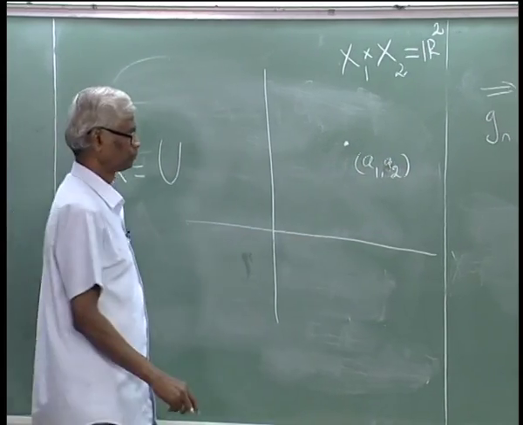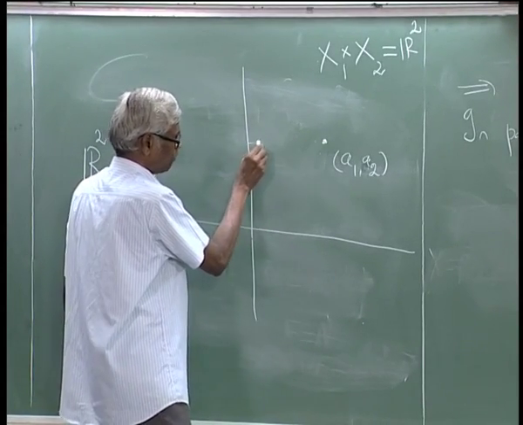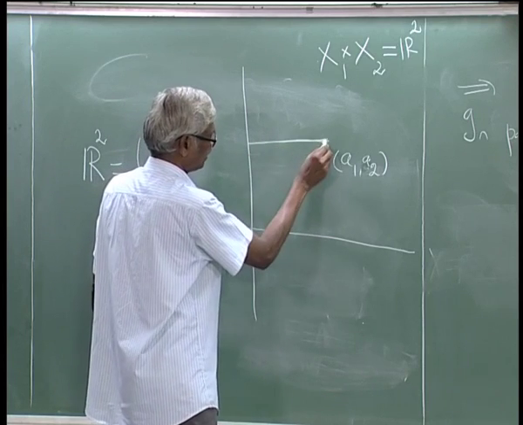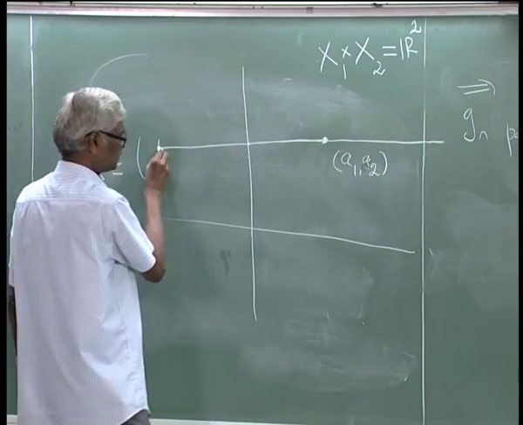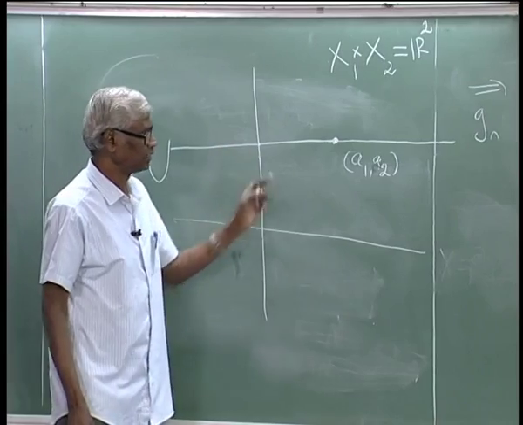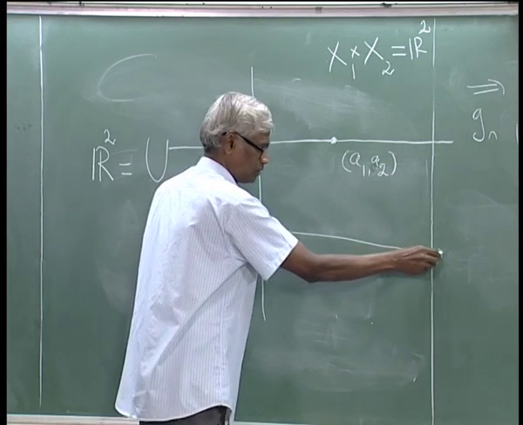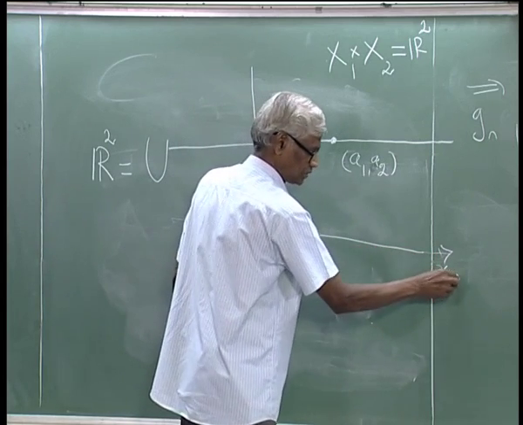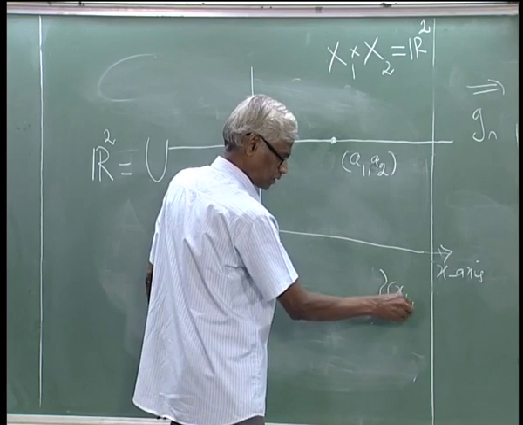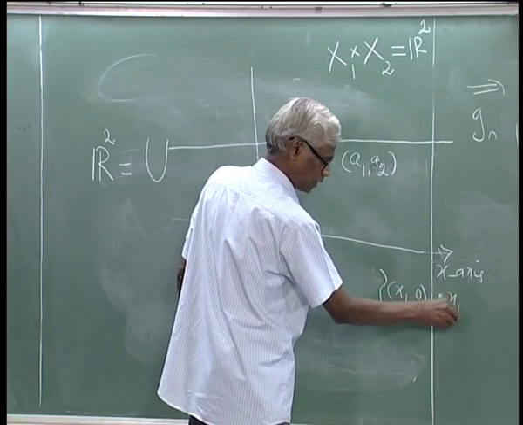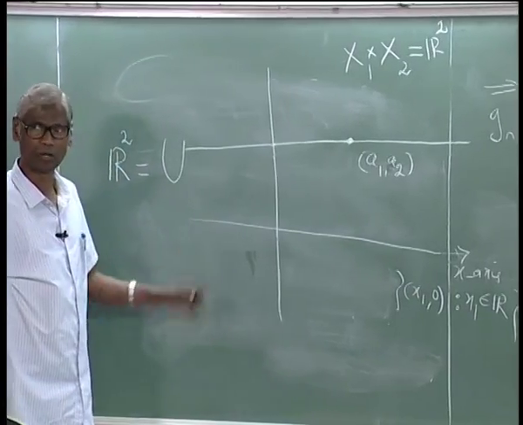Then consider a line passing through this ordered pair (A1, A2) and parallel to the x axis. For us, what do we mean by the x axis? It means the set of all ordered pairs (x1, 0) such that x1 is in R. So, that is a subset of R2.